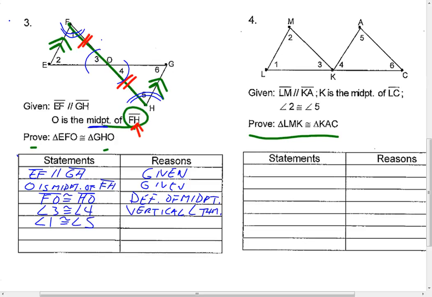What I thought about was alternate interior angles, because 90% of the time when parallel lines show up, you probably got some Z shapes running through your diagram. But notice I've written down the other pairings. You might see corresponding. You might see alternate exterior. You might see same side interior. Not as much, but you could see that.